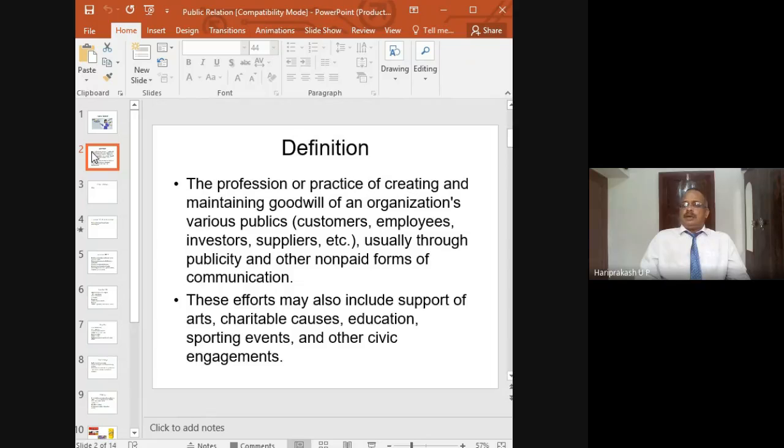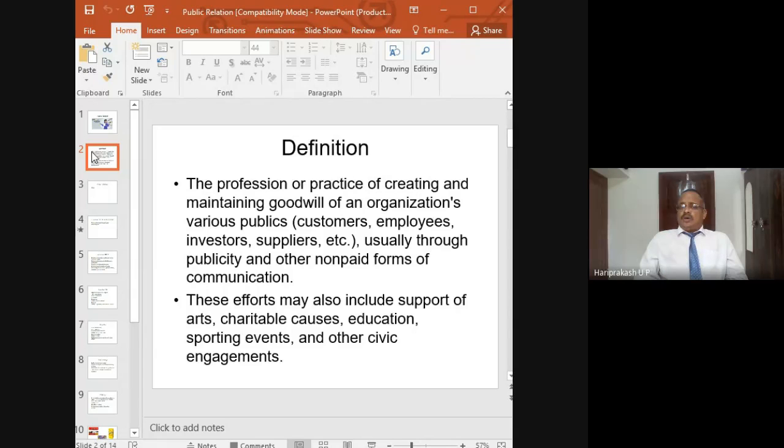Publicity is nothing but word of mouth publicity, through non-paid forms of communication. Non-paid, how? Through news reports in the newspapers, magazines, interviews conducted on television channels or social media.